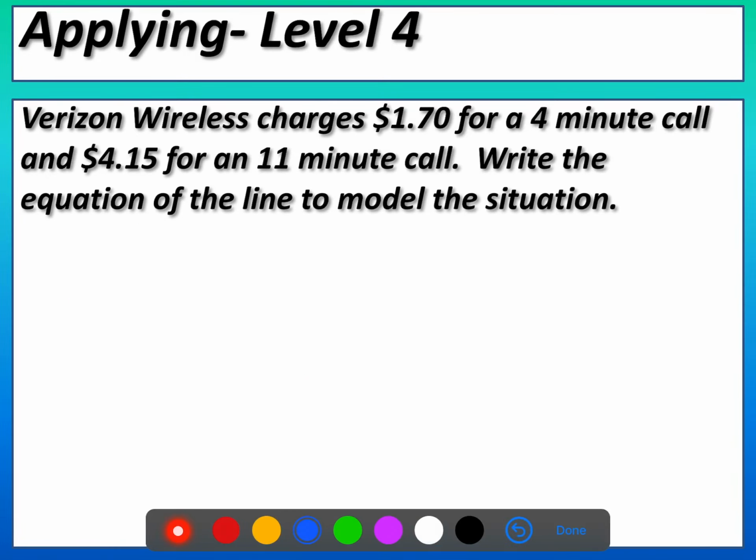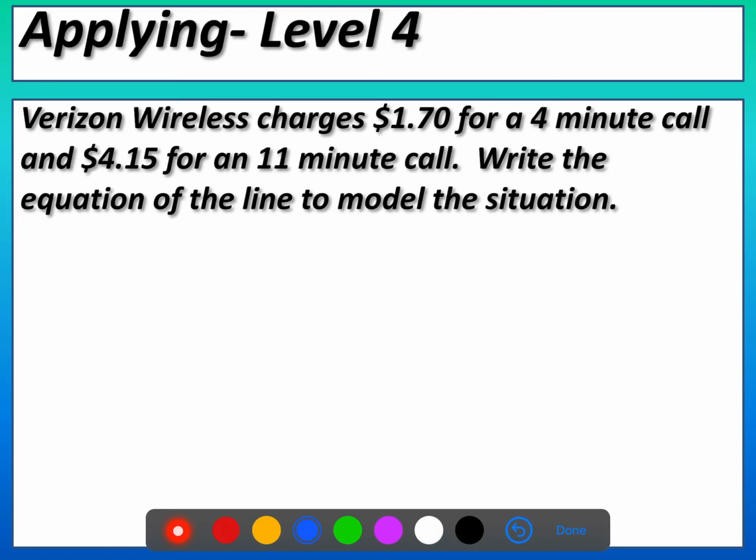Okay, now my second problem here says Verizon Wireless charges $1.70 for a 4-minute call and $4.15 for an 11-minute call. Write the equation to model the situation. So already the difference between this and the previous example is that I have 4 numbers, which is enough information to write two ordered pairs.